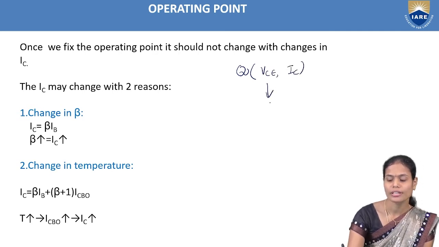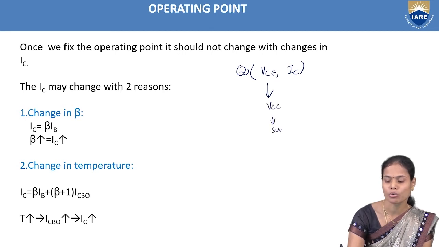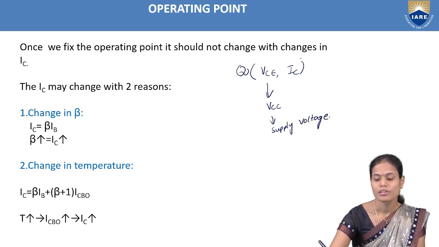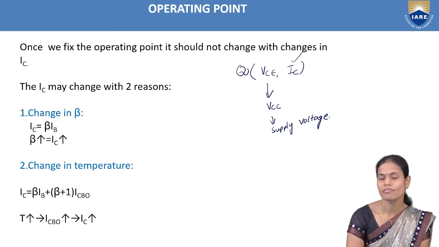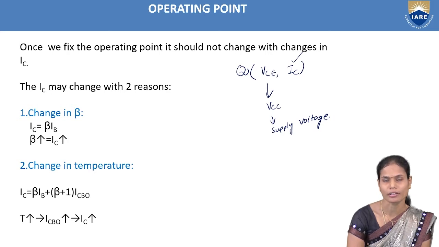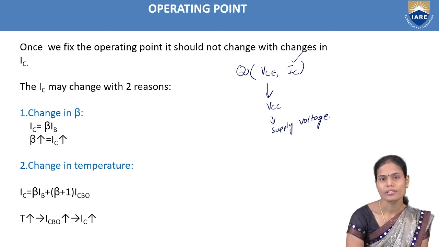Almost always we get VCE equal to VCC, which is nothing but our supply or biasing voltage. So this value is fixed and not changing. So always the IC value will change. Once the IC value varies, the operating point will also vary here. So how does this IC value vary? Because of which parameters is IC varying?